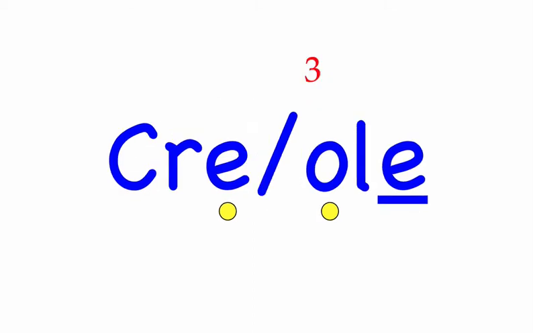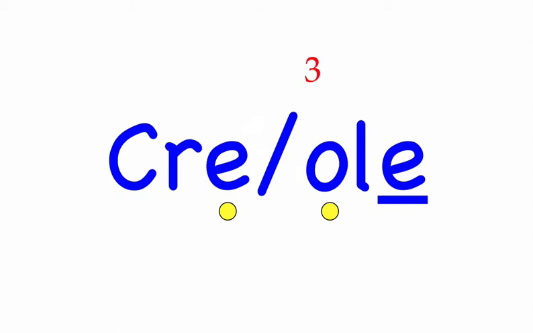Creole. Now the first thing we do is look for teams. We look for letters representing their second sounds, and we look for a silent E. We have a silent E in this word. Next, we identify our vowel sounds. 2 vowel sounds here, so we have a 2-syllable word. Next, we apply syllable division.